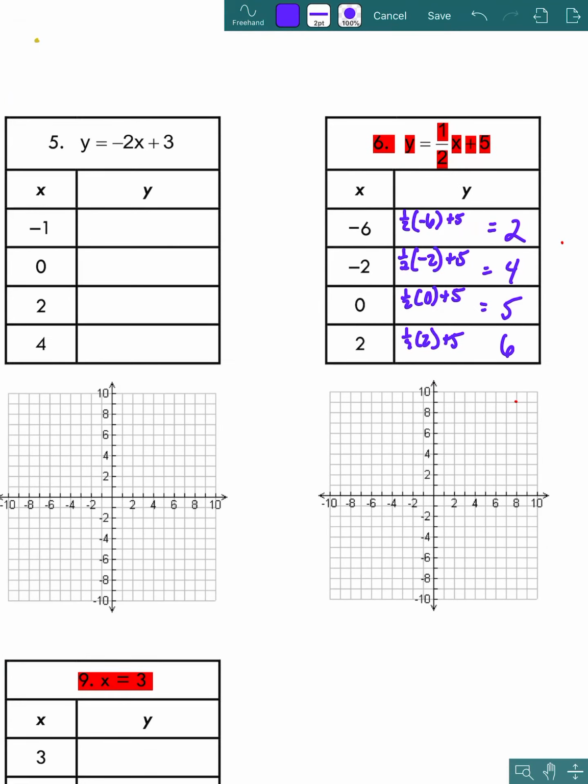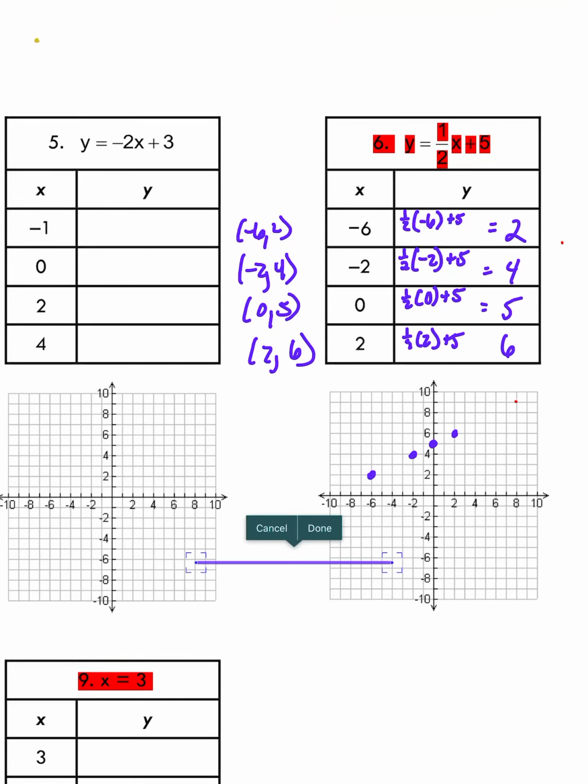So let's graph these values. We've got negative 6 and 2. Negative 2 and 4. 0 and 5. And 2 and 6.